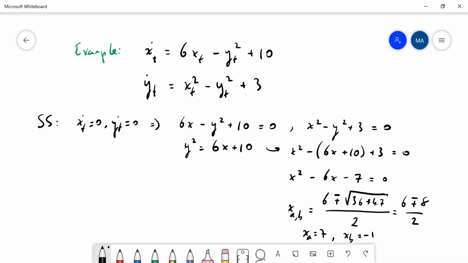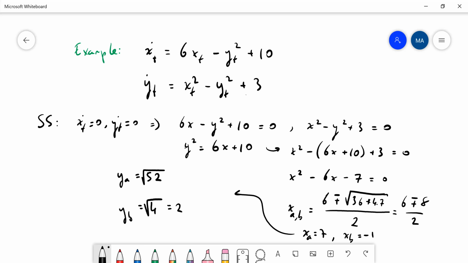Yes. So for each of these values, of course, you have y_A and y_B. So y_A is equal to 52, y_B is equal to 4. Is that correct? No, of course, square root of 52 and square root of 4.